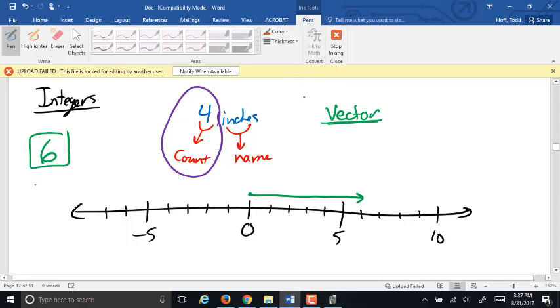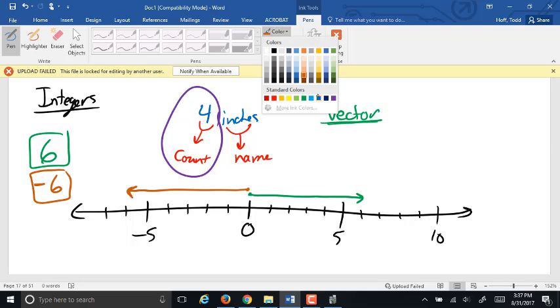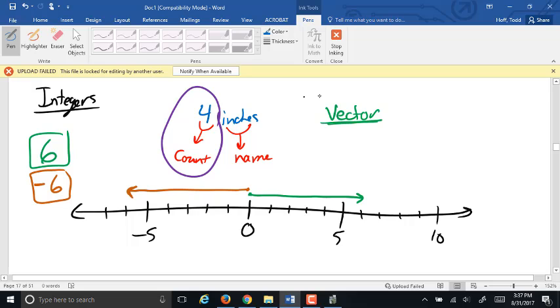Since we're talking about integers as well tonight, let's look at the vector for negative 6. That one starts at 0 and goes to negative 6. If we look at those two vectors, if I had drawn this to scale, they should be the same length, just going in opposite directions.